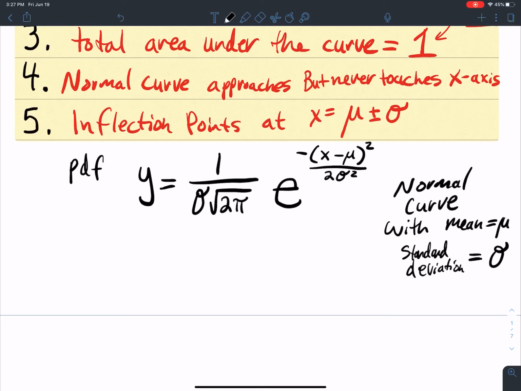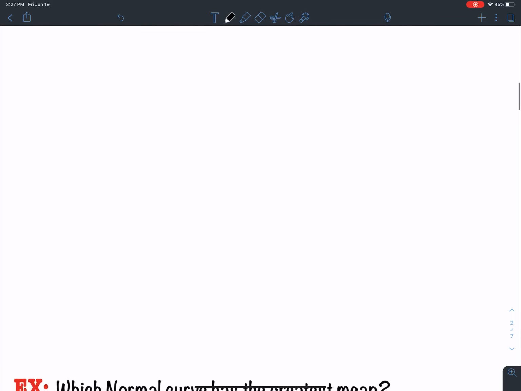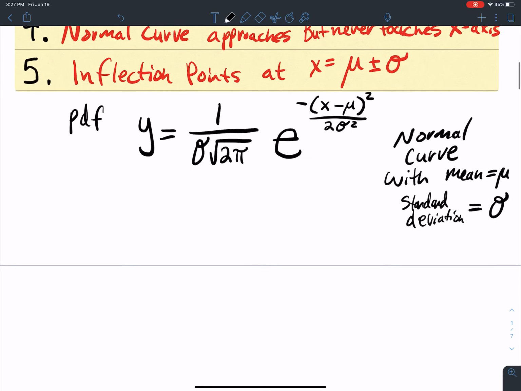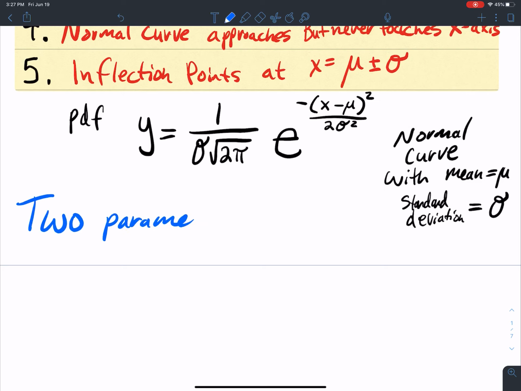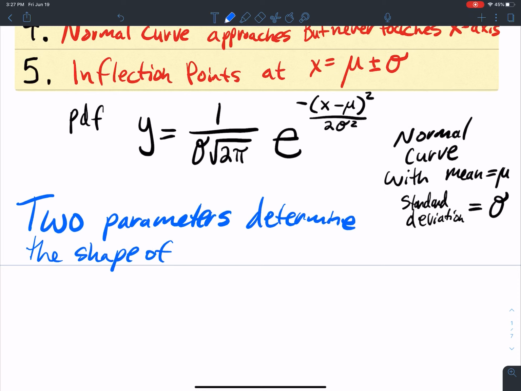Now, there are many parameters going on here. So many that there are 2 of them, right? 2 parameters determine the shape of the normal curve.